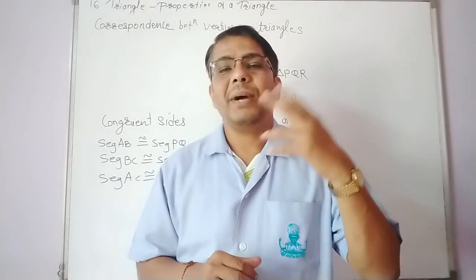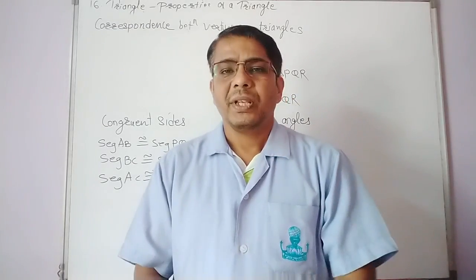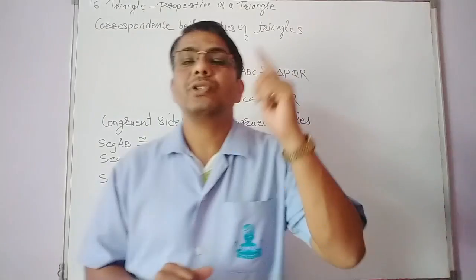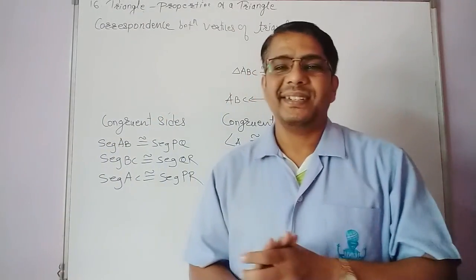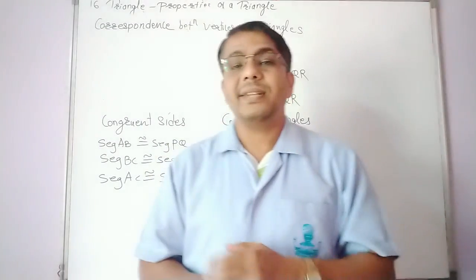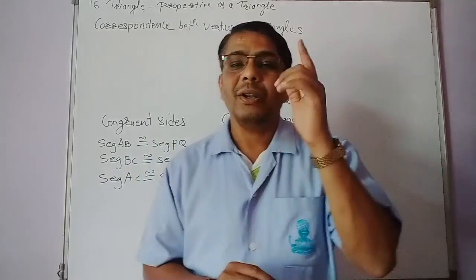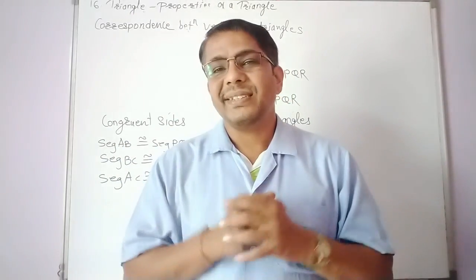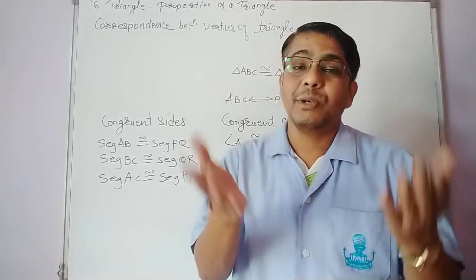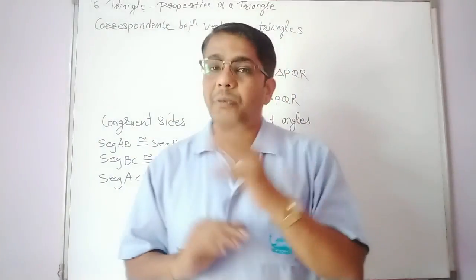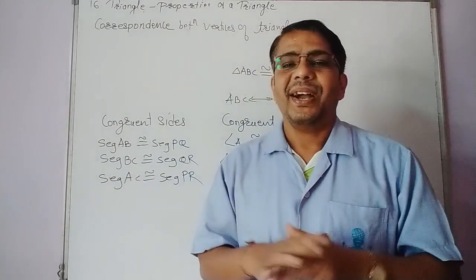By seeing the lengths of the sides and doing addition and subtraction. Remember that the sum of the lengths of two sides of a triangle is always greater than the third side, and the difference of the lengths of two sides is always smaller than the third side. If this holds, then you can construct a triangle. If this rule does not hold, we cannot construct a triangle.